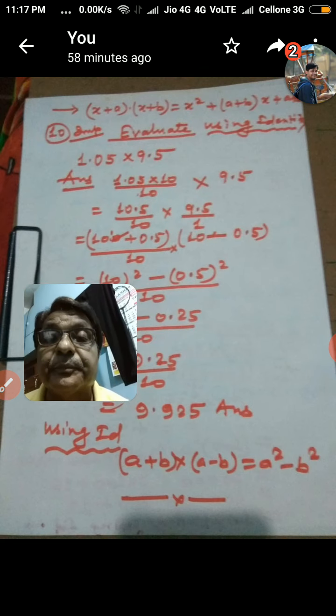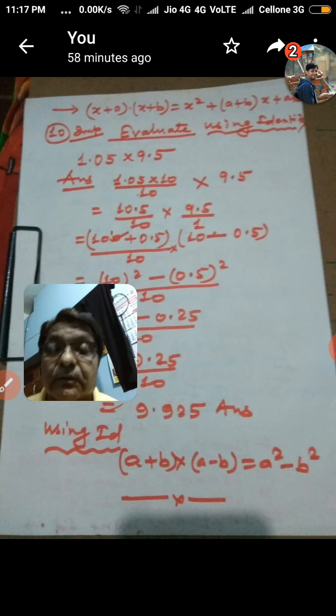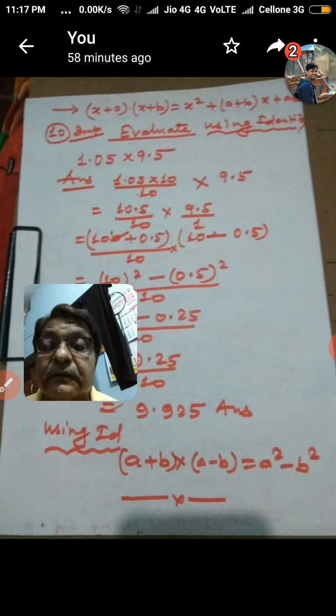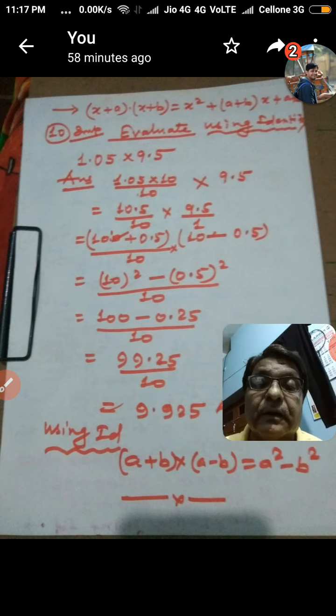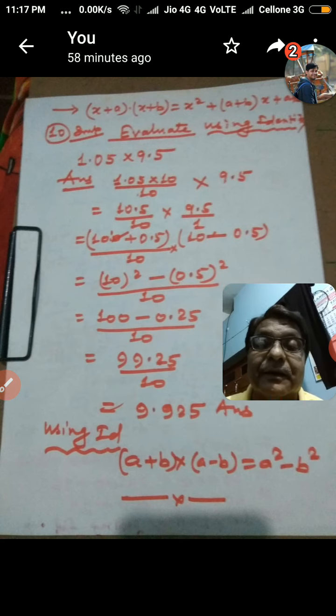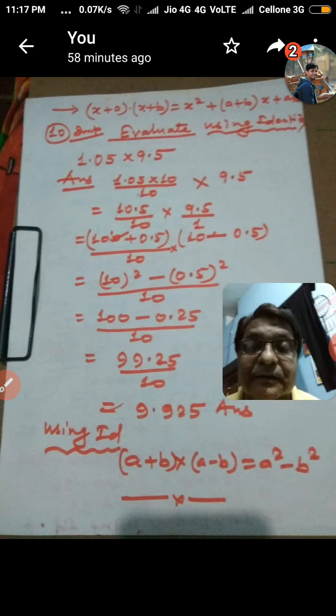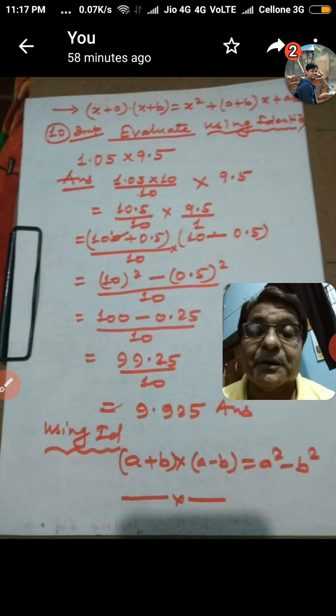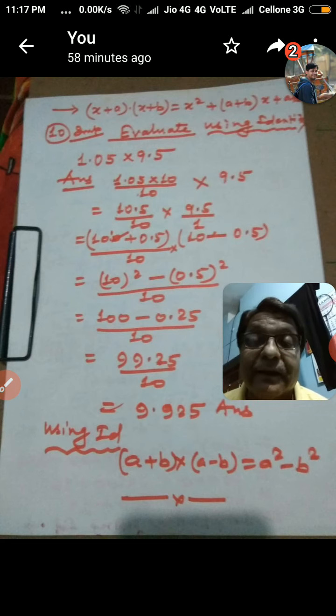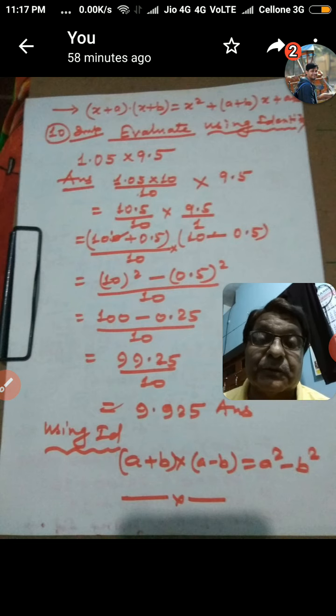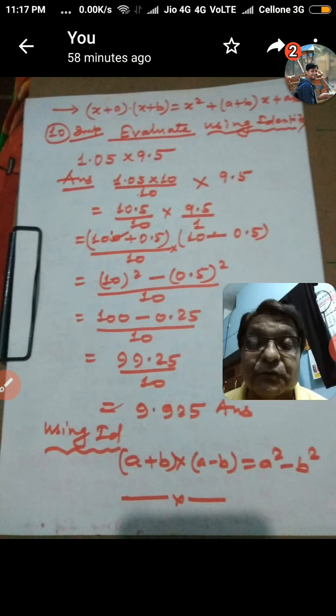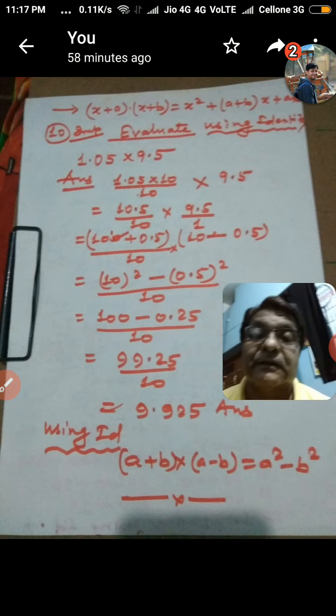Now the last question is a very peculiar, unique question I used to ask the bright learners in my class, and very rarely can anyone solve it without thinking, because it needs some extra thinking, which is called HOTS based.